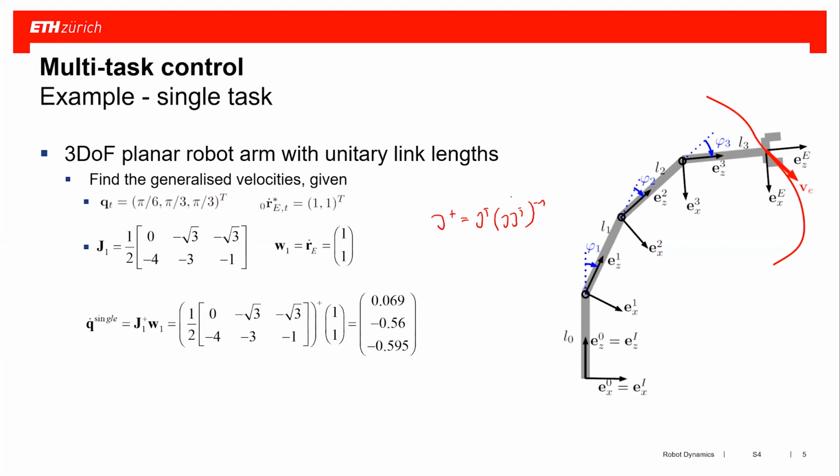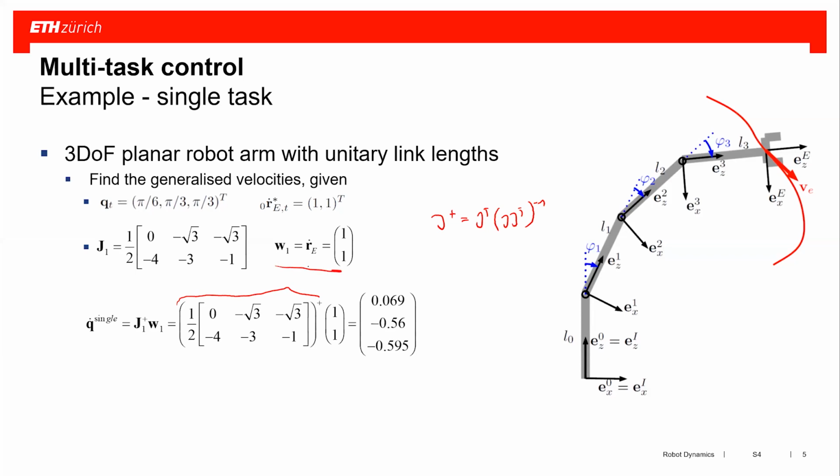Now what you do is we take this pseudo inversion of this Jacobian and multiply it with (1, 0), and what we'll end up with is this 3x1 vector. So we have now a solution for Q dot that satisfies that task.